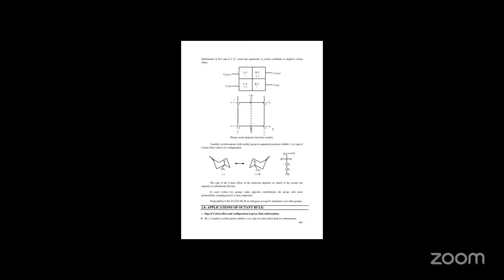So when two groups make opposite contributions, the group with more polarizability is more important. You can see the polarizability order: iodine, then bromine, then chlorine, cyanide, phenyl, and alkyl group here.